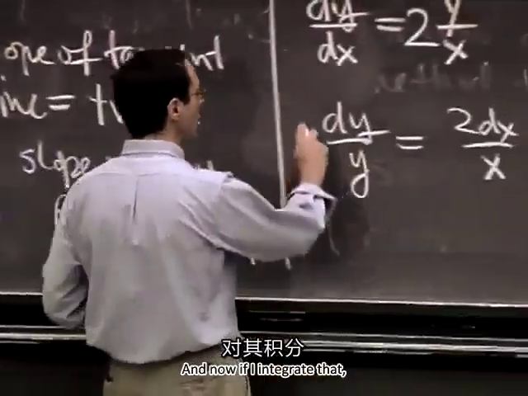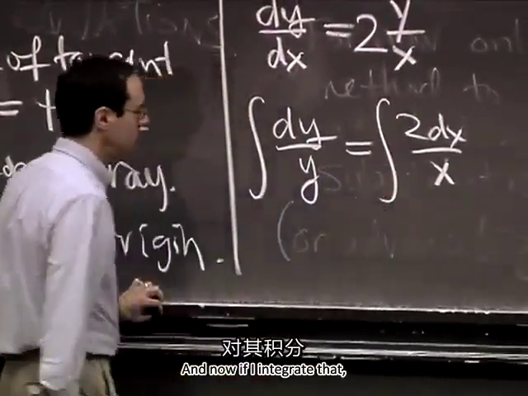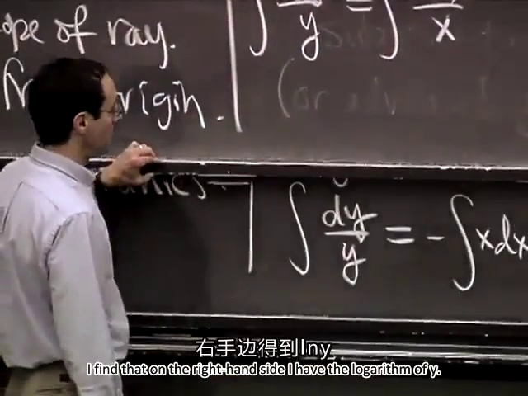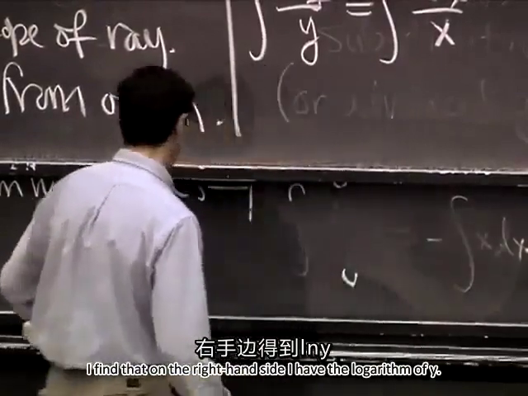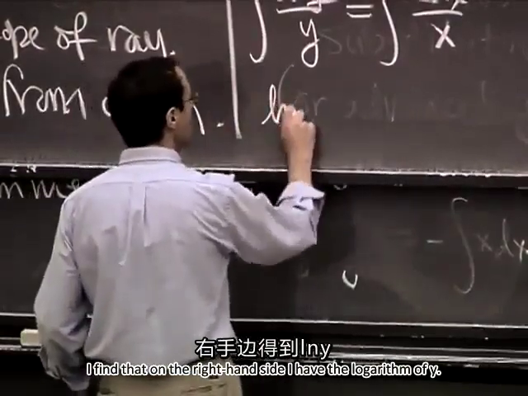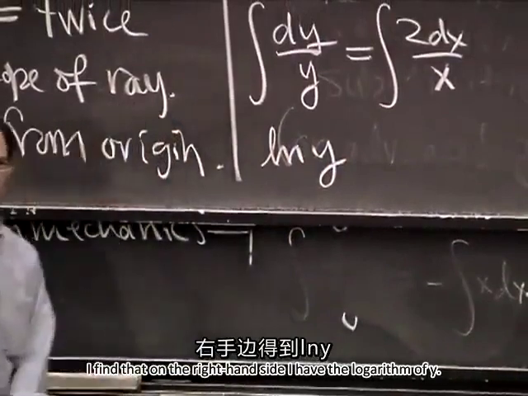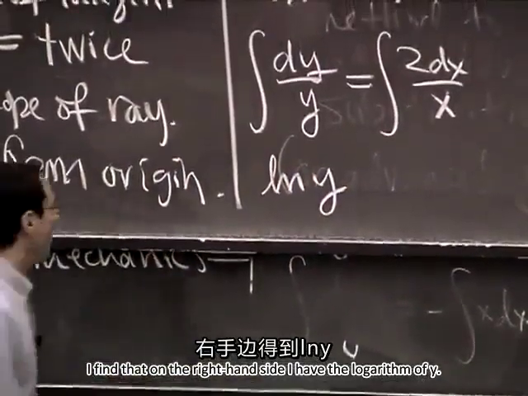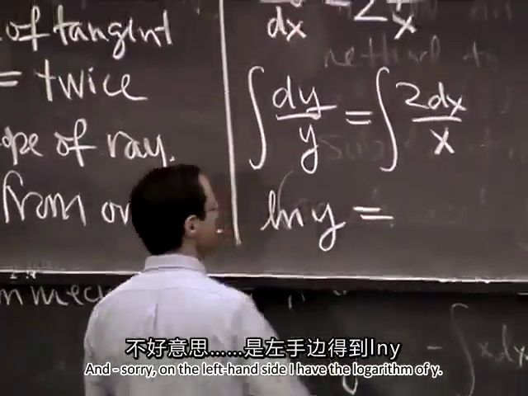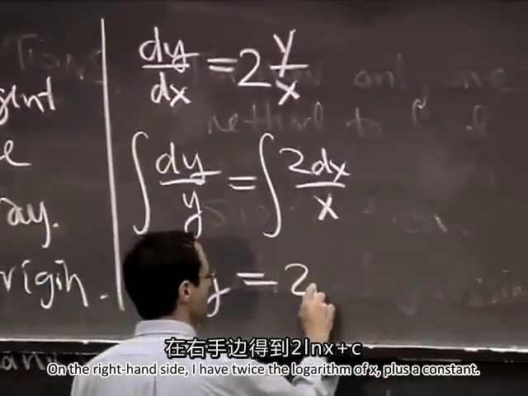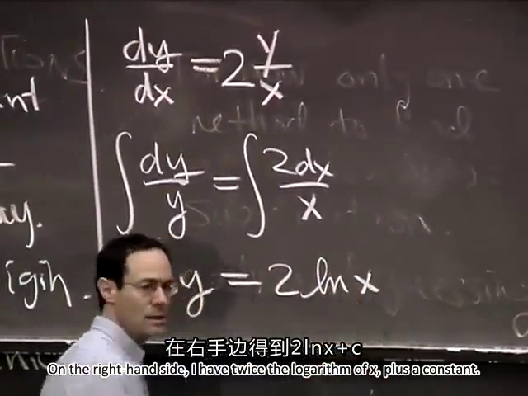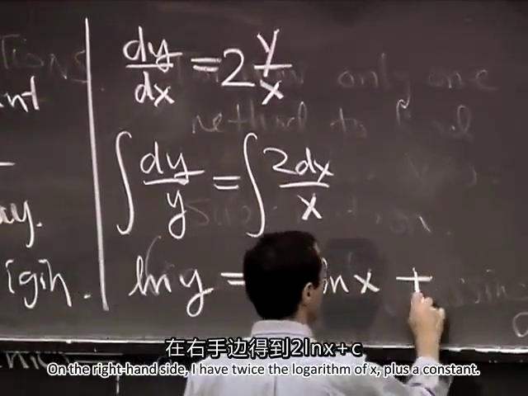And now if I integrate that, I find that on the left-hand side, I have the logarithm of y. On the right-hand side, I have twice the logarithm of x plus a constant.